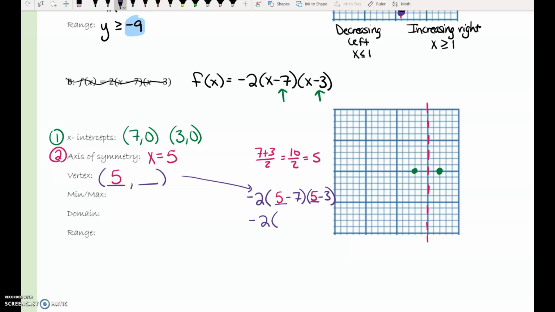So that's -2 times -2 times 2. -2 times -2 is +4. +4 times 2 is 8. So (5, 8).